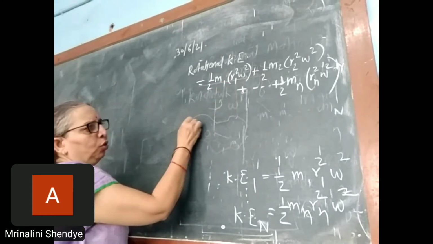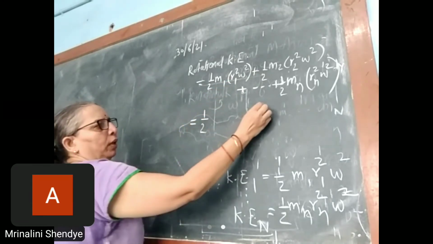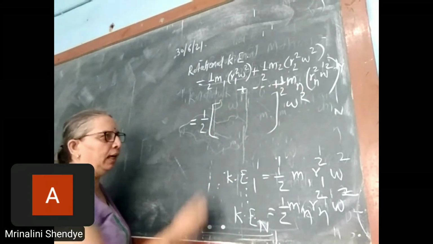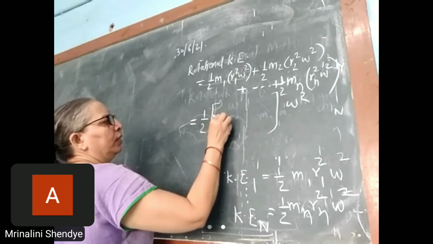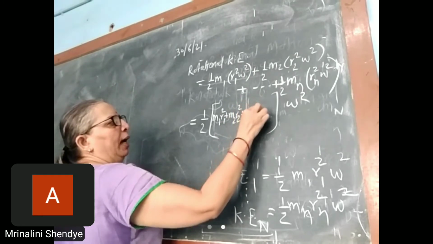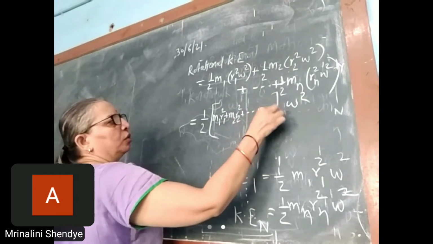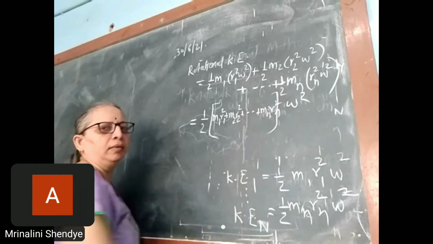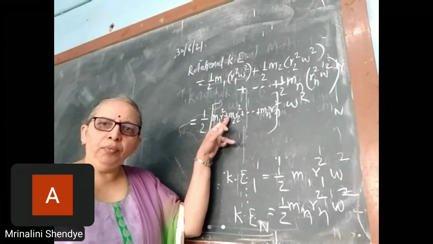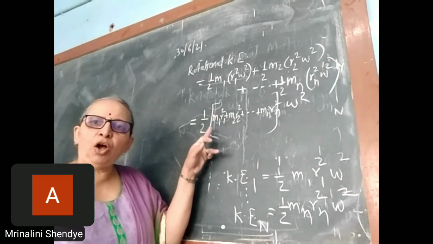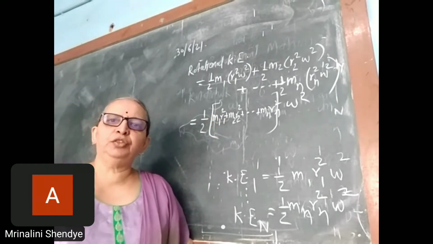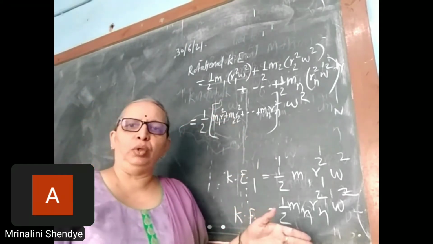देखो कैसे हम लोग लिख सकते हैं, half is common, omega square is common. In the bracket you can write m1 r1 square plus m2 r2 square up to mn rn square. So in the bracket you get the sum of products of mass of particle and square of its distance from the axis of rotation.